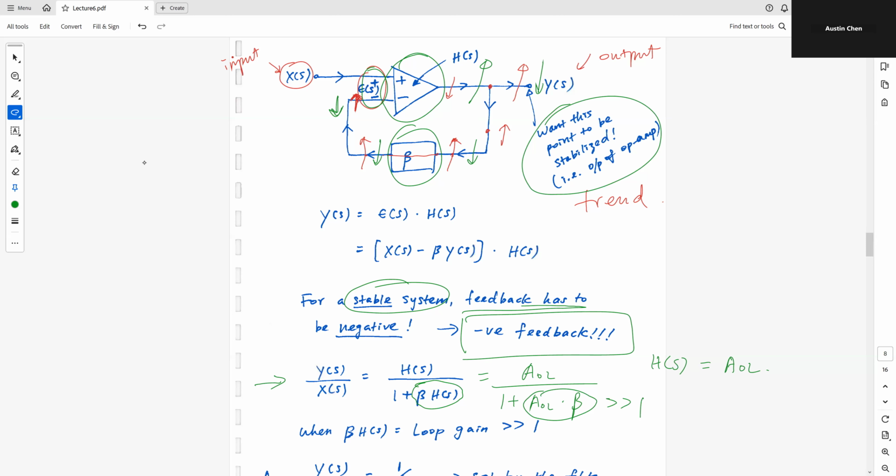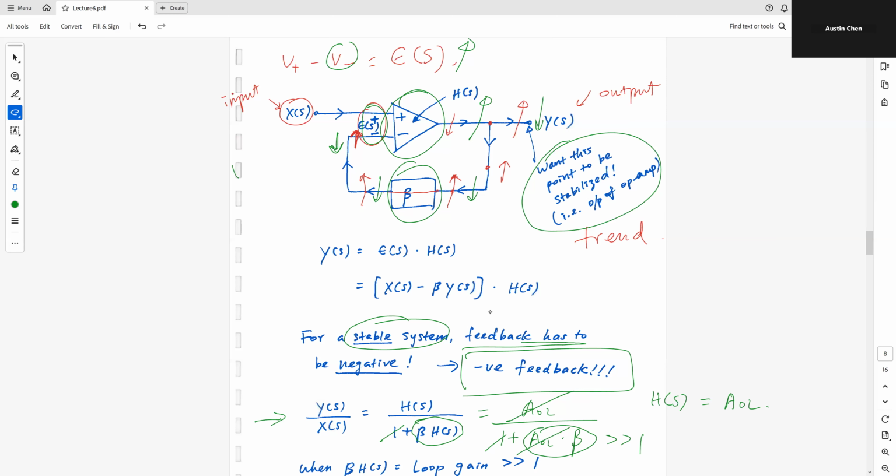So what is the importance of this trick? Well, remember Y of s over X of s is a closed loop transfer function, and this closed loop transfer function is actually my ACL. If we go back to this schematic, or this block diagram here, Y of s over X of s is basically the ratio of the output versus the input.